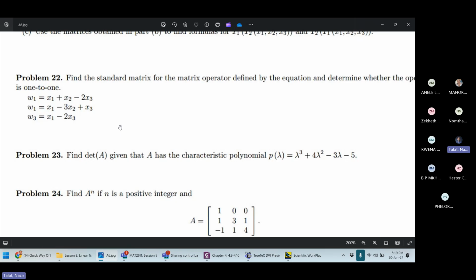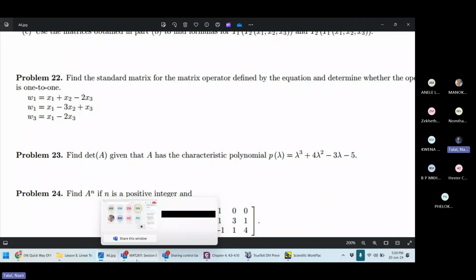Whether W1, W2 or W3, or W1, W1 or W3, it doesn't affect it, because for checking the standard matrix you just need to see whether the matrix is invertible or not. So the important thing is to see the invertibility of this matrix A.